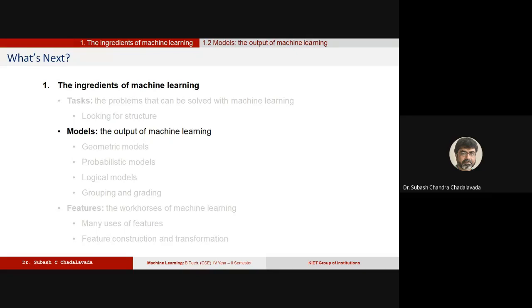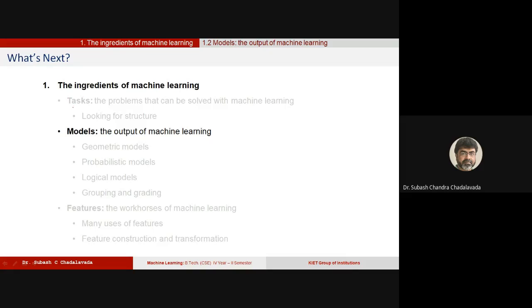Good afternoon once again. Welcome back to yet another class on machine learning. We are learning about the ingredients of machine learning as part of our first lesson in the first unit. In the last class, we saw what the ingredients of machine learning are: tasks, models, and features.